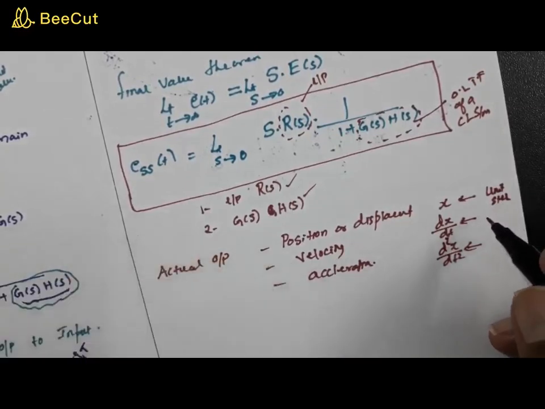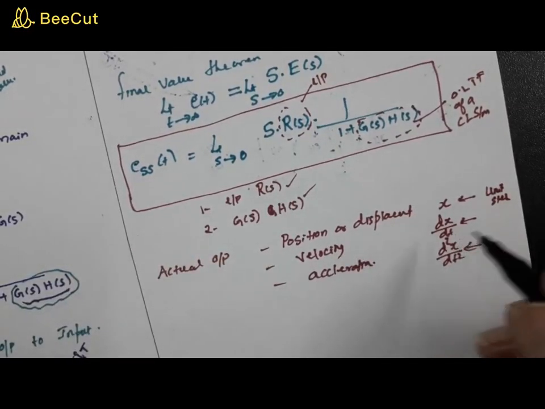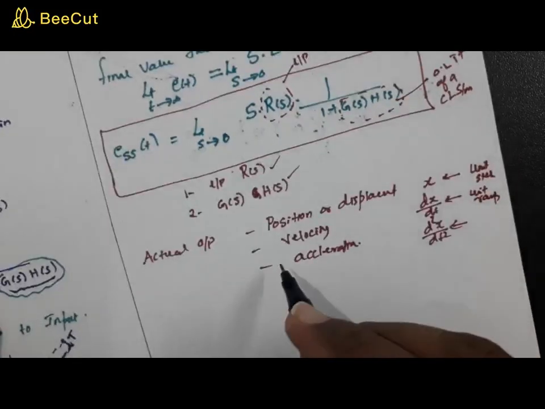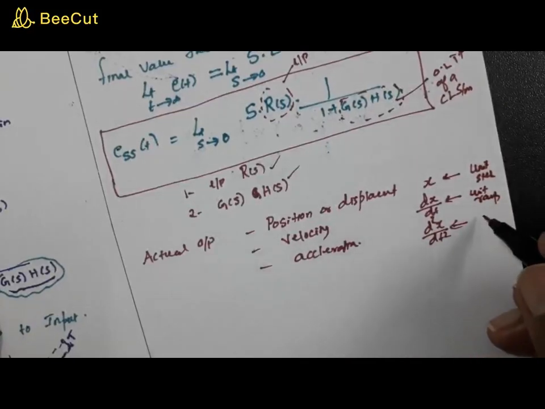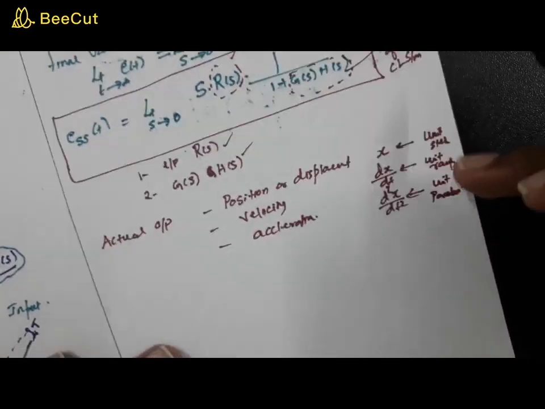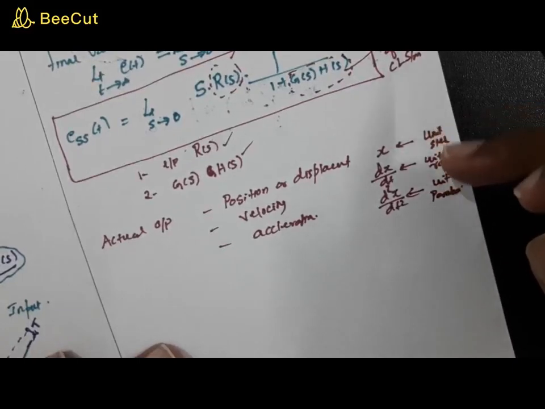A velocity output is related to unit ramp input, and acceleration is related to unit parabolic input.